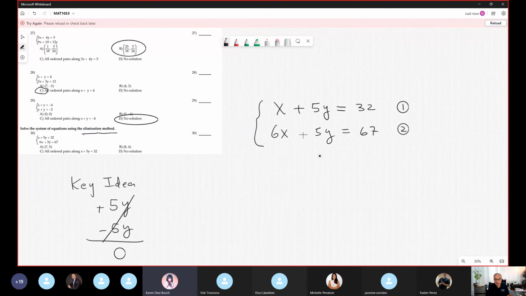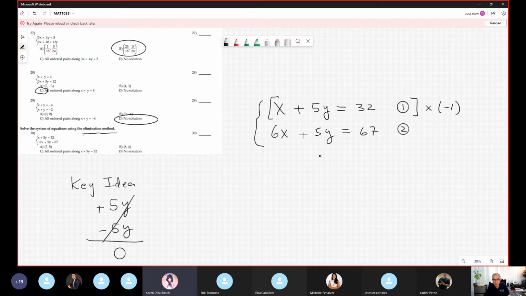Now, one possibility is to multiply equation 1 by -1. You know very well that when you multiply an entire equation by a number, it doesn't matter what number, positive 1, -1, 20, 40, it doesn't change the line. It's the same equation, dependent, equivalent.